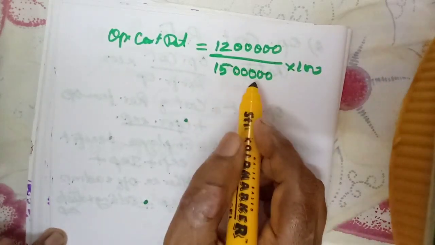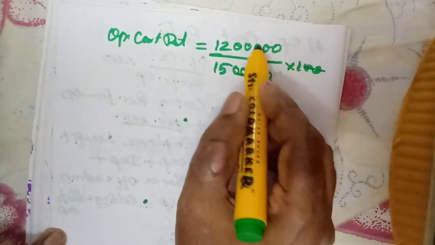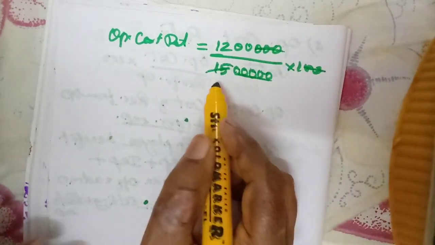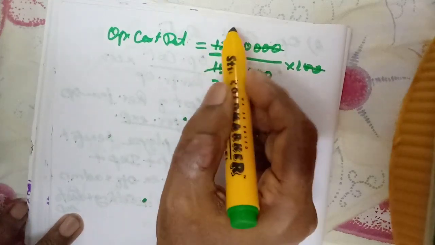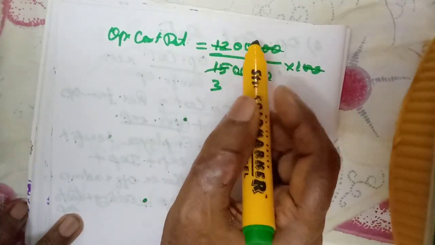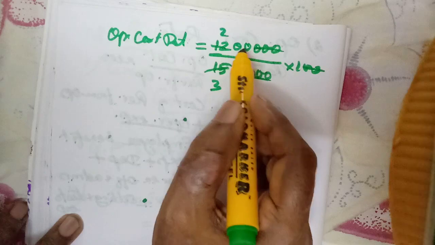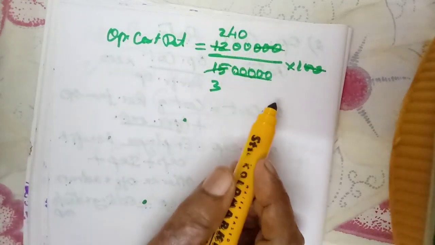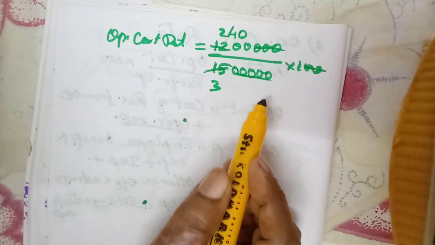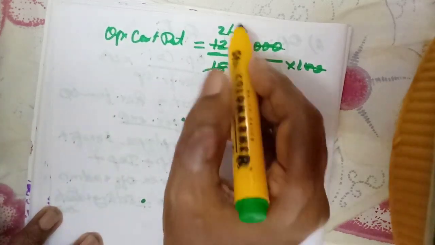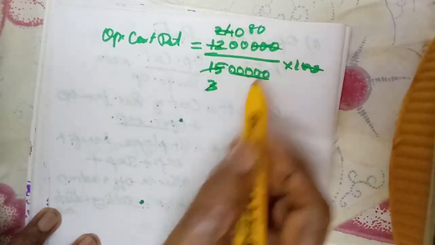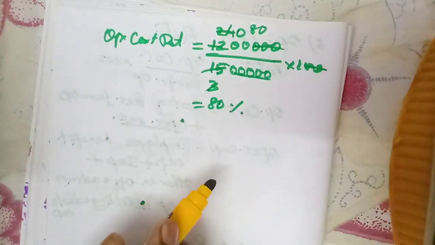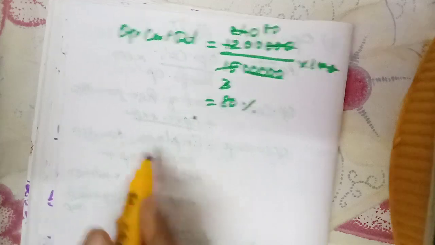Okay, 5 2s are 10, 5 3s are 15, so 4 5s are 20, then 3 8s, 80 percent. Okay, operating cost ratio.